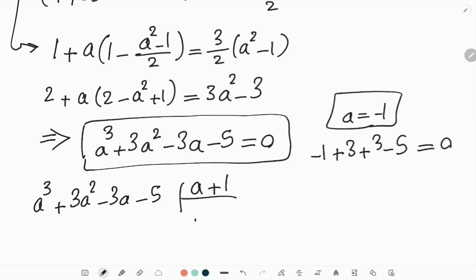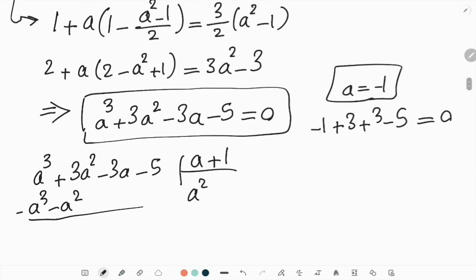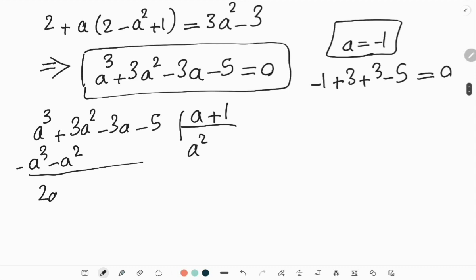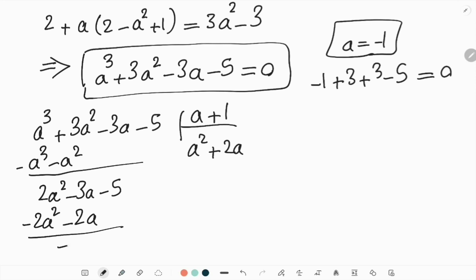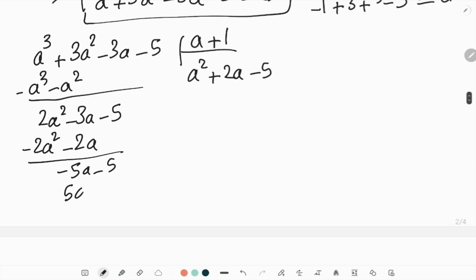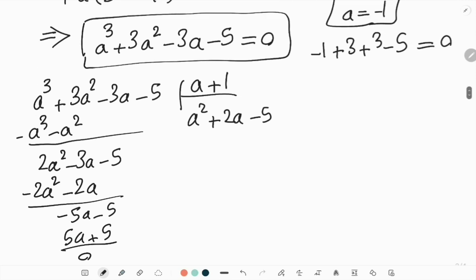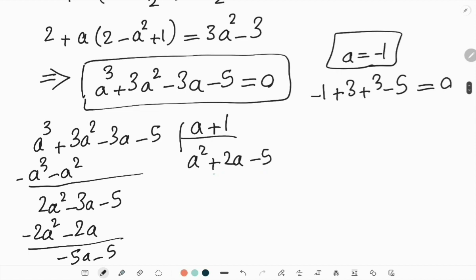And then I get a², then a³ + a² subtracted gives me 2a² - 3a - 5, and this gives me plus 2a, and subtracting 2a² + 2a gives me -5a - 5, and this is -5. And that gives me 5a + 5 minus 5a + 5, which is 0. In other words, this is the second factor, and as a result I have (a + 1)(a² + 2a - 5) = 0.